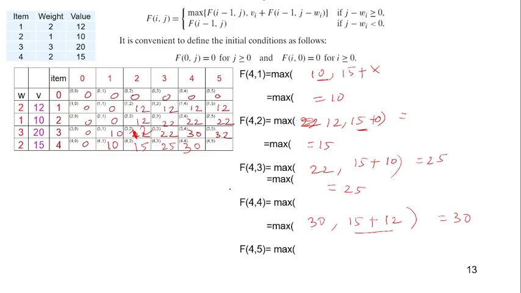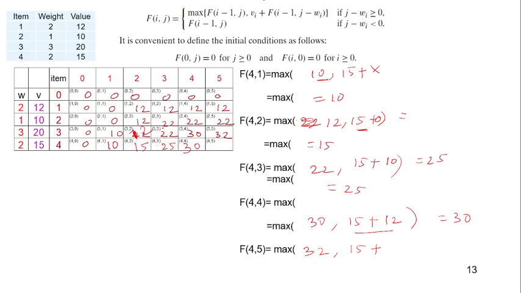Okay. And next, this 4 comma 5, this is our final result. So here 32 comma 15 plus. The weight to be considered is 5 kg. But the weight of this item is 2. So 5 minus 2 is 3.